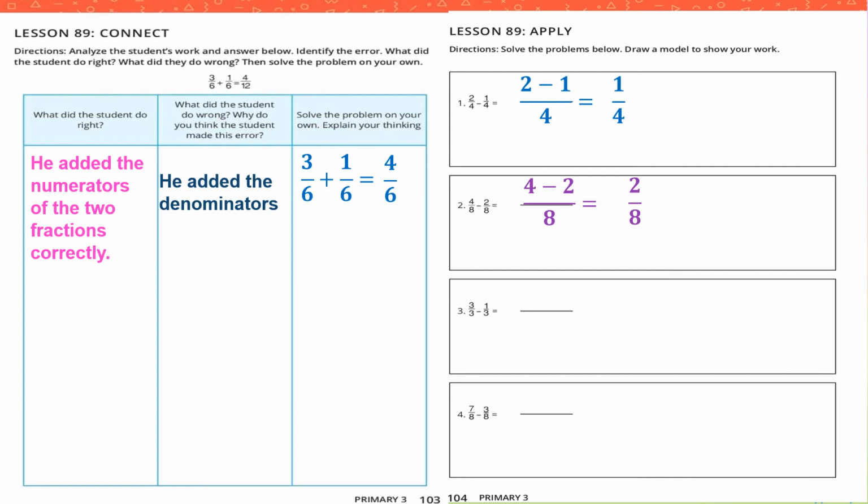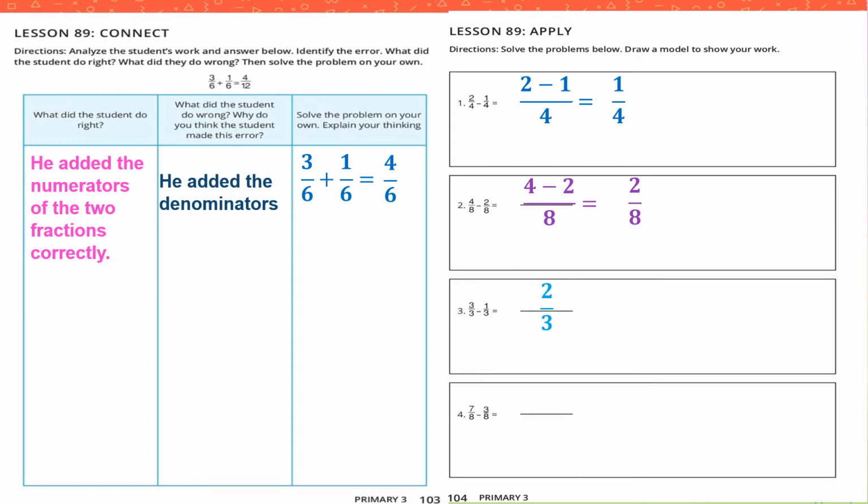Number 3, 3 over 3 minus 1 over 3. Here we have also same denominators. So 3 down, no change. And up, 3 minus 1 equals 2. So the result will be 2 over 3.